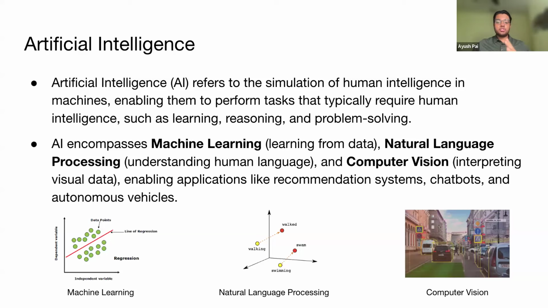It enables machines to understand, interpret, and respond to human language, and this is essential for applications such as chatbots and language translation devices. Computer vision is a field that deals with how computers can gain high-level understanding from digital images or digital videos. It enables applications like autonomous cars and facial recognition systems to understand their surroundings.